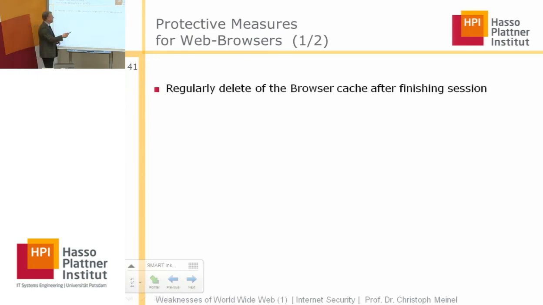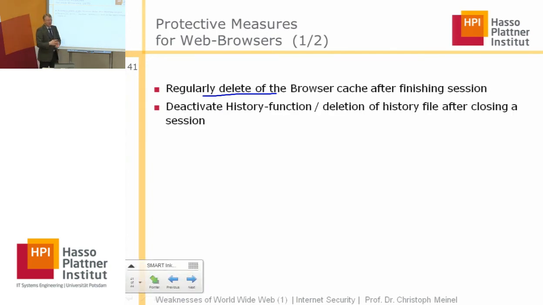Here, it's important: regularly delete the browser cache after finishing a session, because, as we have discussed, this provides possibilities to attack and misuse content. Deactivate history functions. Delete history files after closing a session.